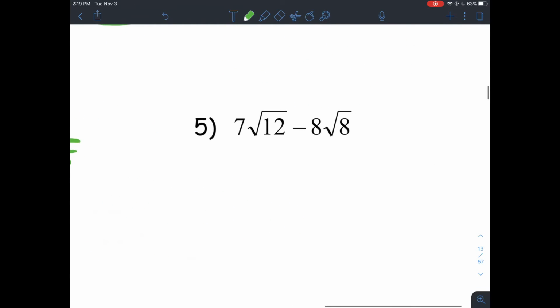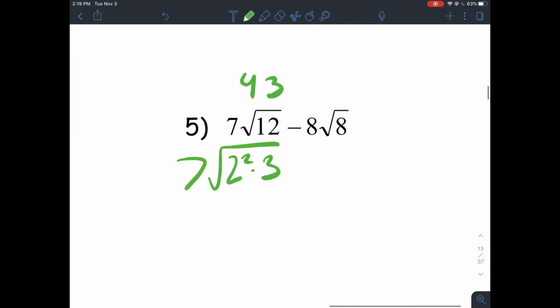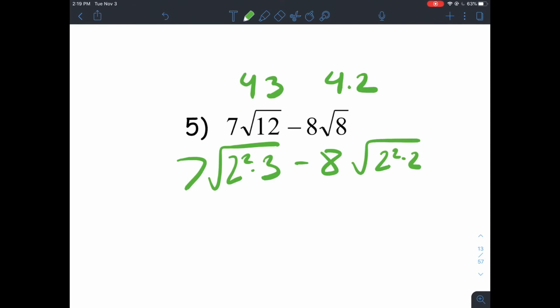All right, last one. So we can see if we can break 12 down. 12 we can break down into 4 and 3. So we're going to have 7 root of 2 squared times 3. And then we can break 8 down into 4 times 2. So then we would do minus 8 root of 2 squared times 2.